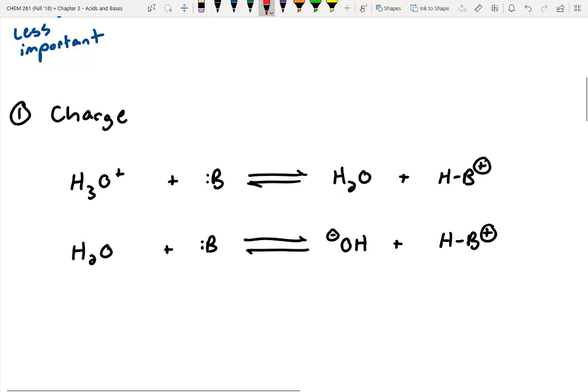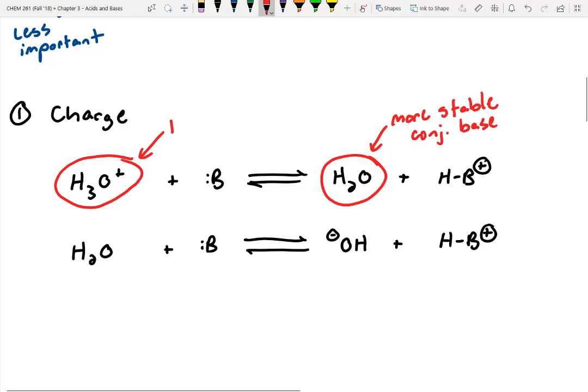So really, when we're looking at this, like I said before, you can compare the stability of the conjugate bases. Which one's more stable? Water. So this one's more stable, simply because it's neutral, it doesn't have a charge. That means that this must be the stronger acid.